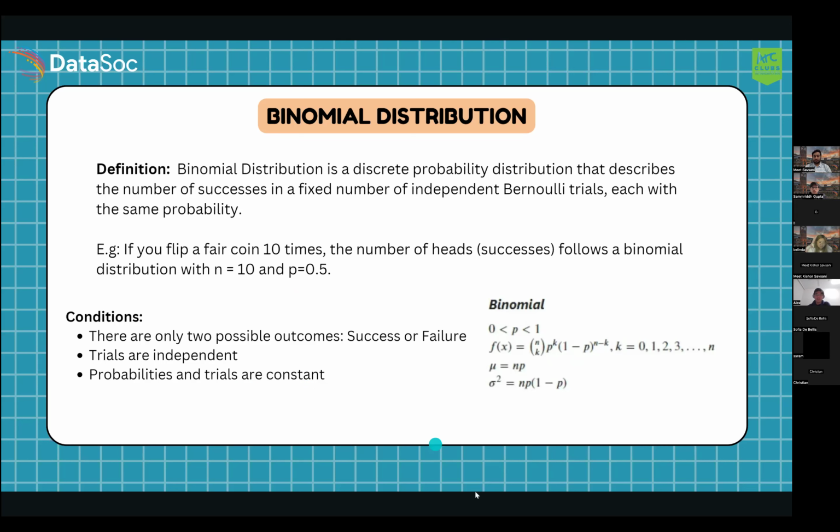And if we look at the right, these are the parameters required for a binomial distribution. The probability of success must be between 0 and 1.